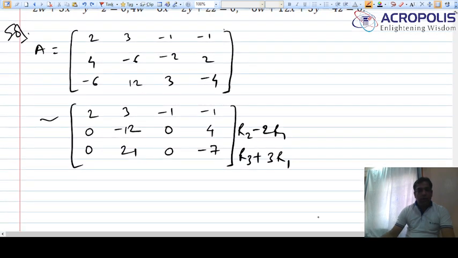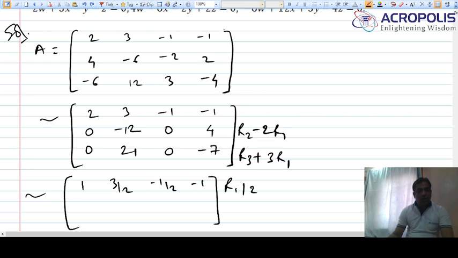Okay. Next will be R1 divided by 2, this will become 3 by 2, minus 1 by 2, minus 1 by 2. And R2 divided by minus 12, R3 divided by 21. So this will be 1, 1, 0, 0. This will be minus 1 by 3, this is minus 1 by 3.